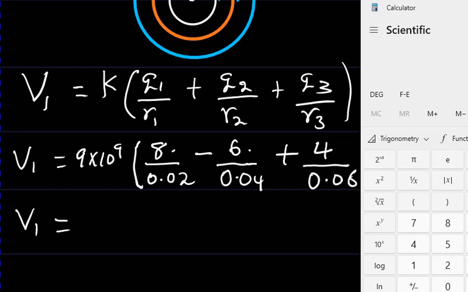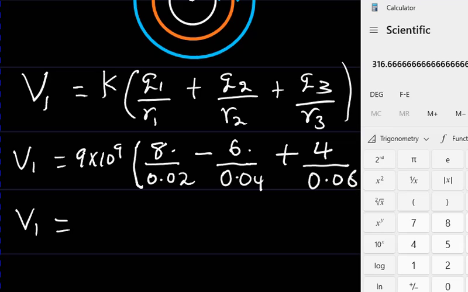Then plus 4 divided by 0.06. Okay, so I have approximately 316.67, please pardon me.